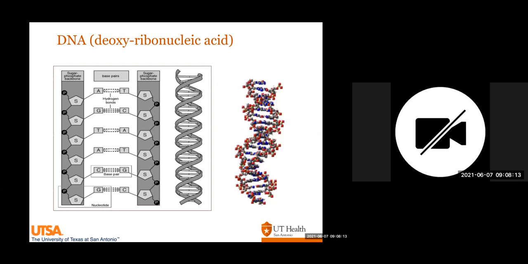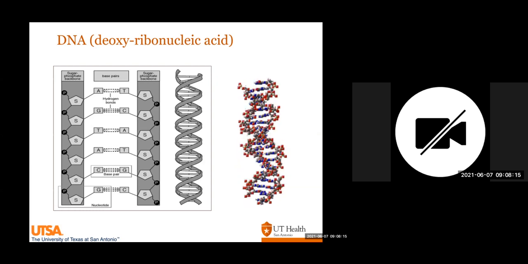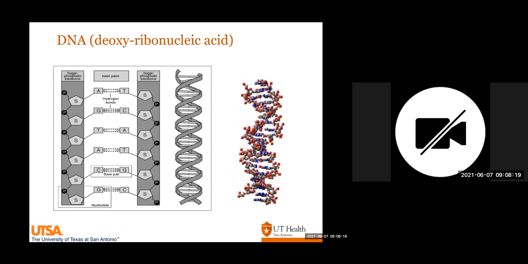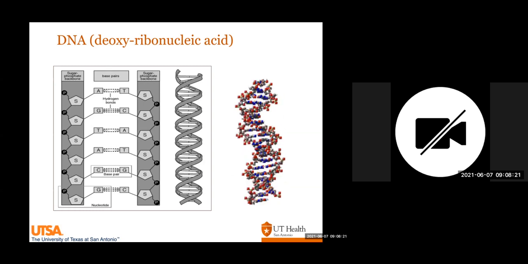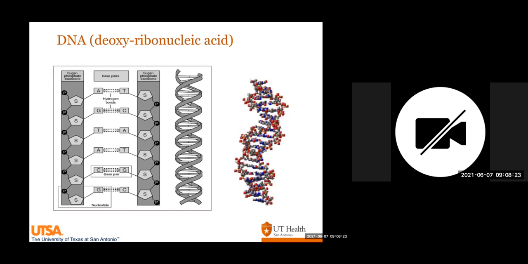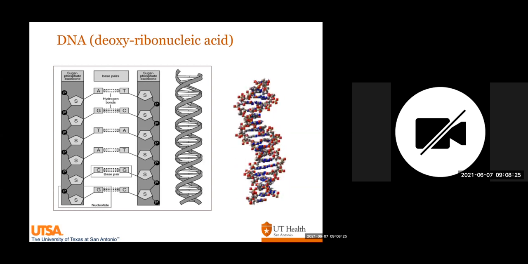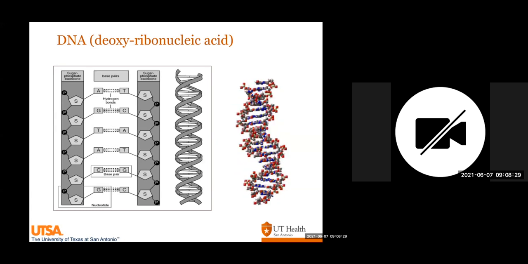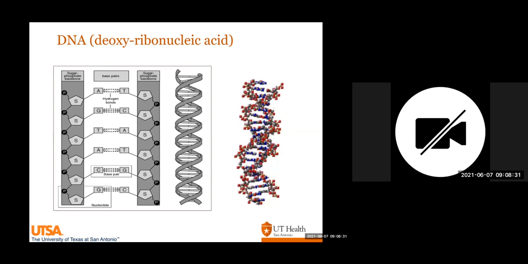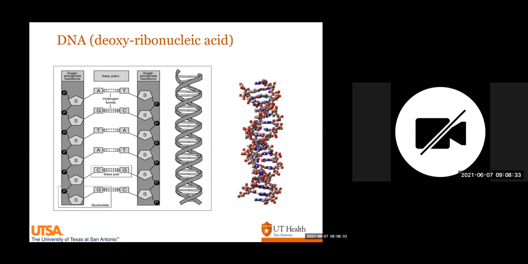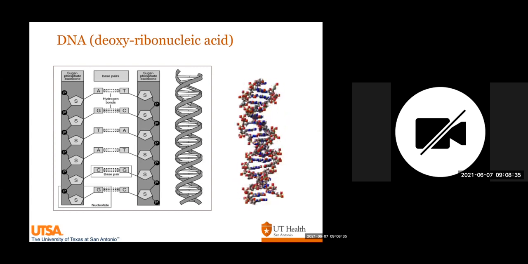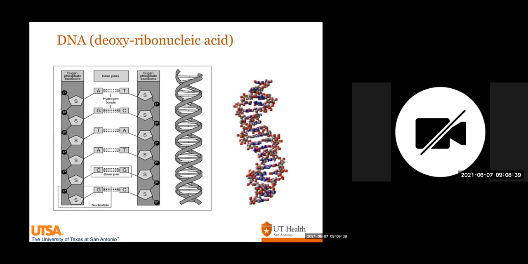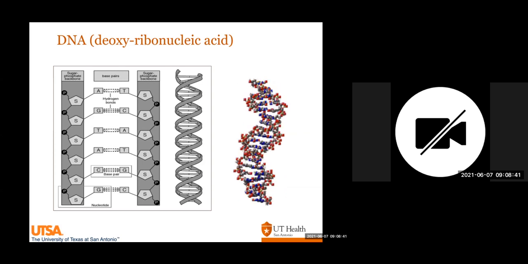In fact, the order of these letters in a sequence is very, very important, because it is considered the so-called genetic code. It codes how an organism should produce proteins. Therefore, these orders of the letters are considered a genetic code.